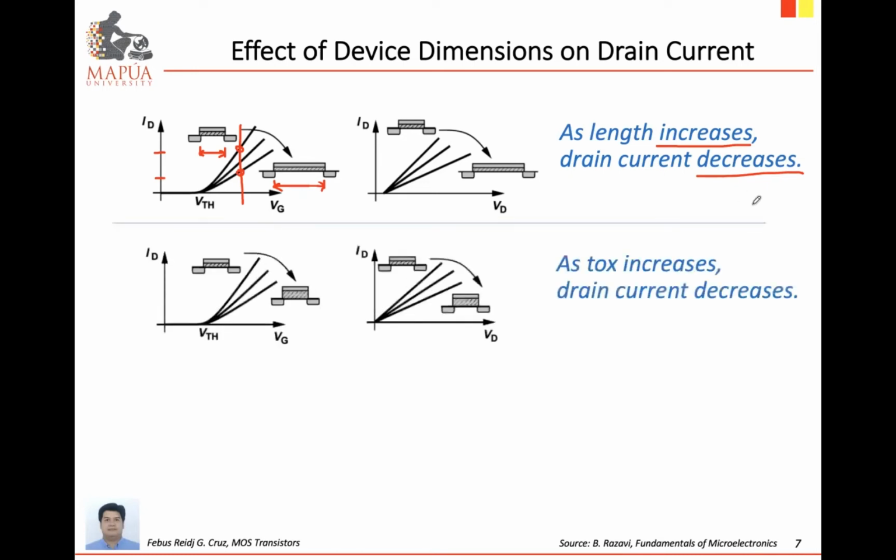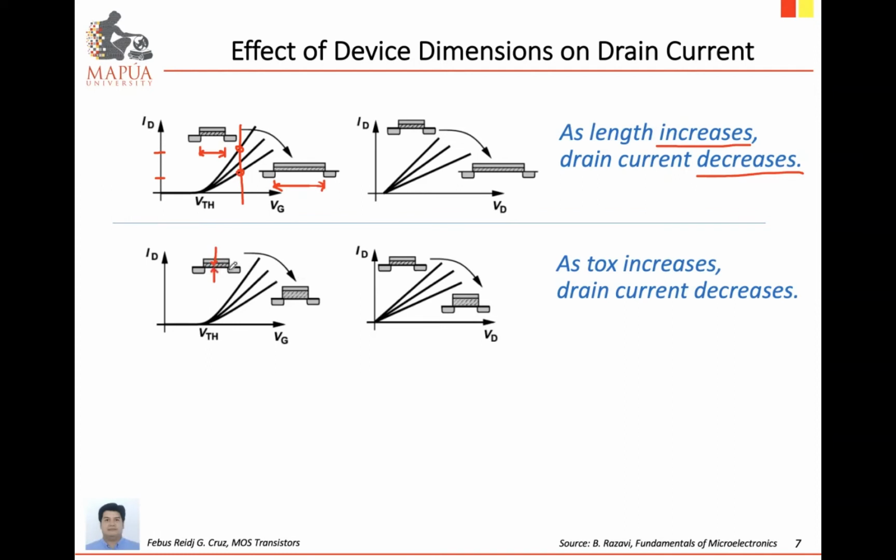Now, in terms of the oxide thickness, it says here that as the Tox increases, so in this example, this will be the oxide thickness. That is the thickness of the oxide below the gate conductive plate.